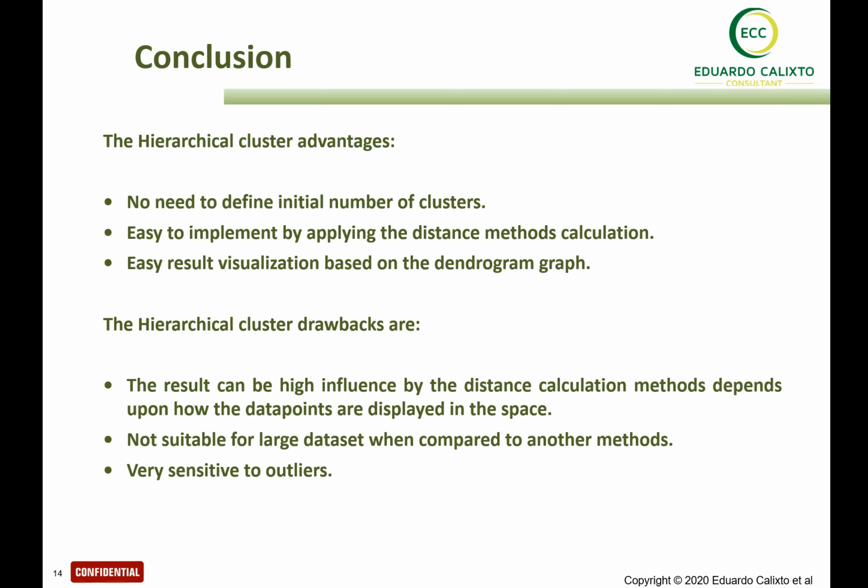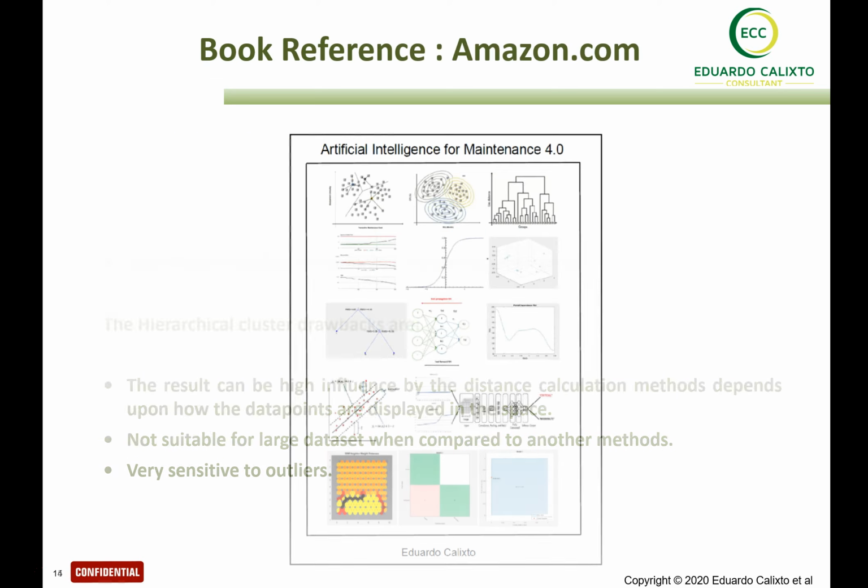But of course, in the end, we need to look at this data in the usual data analysis, and either we take this data out, or we make a qualitative analysis to see how we consider this data. It is not suitable for a large data set when compared to other methods, and as I mentioned, it is very sensitive to outliers, the points that are away from most of the points.